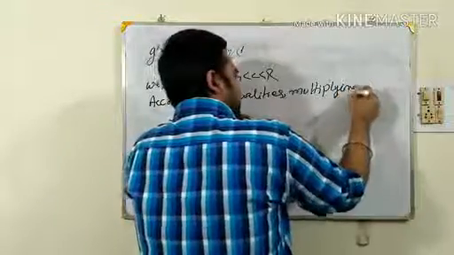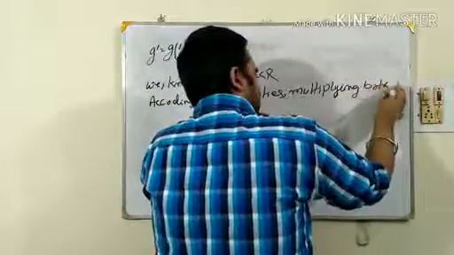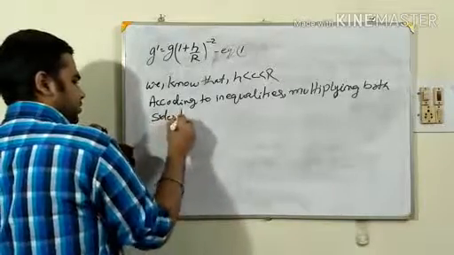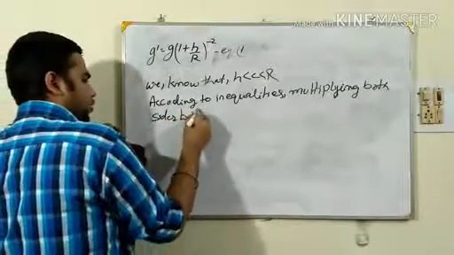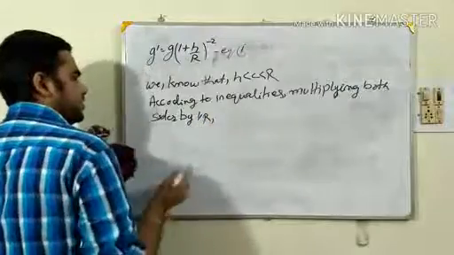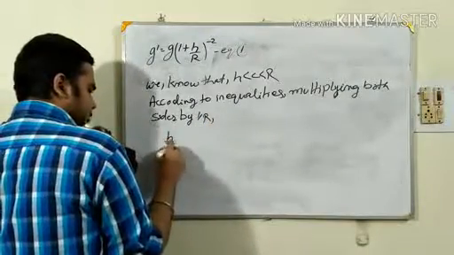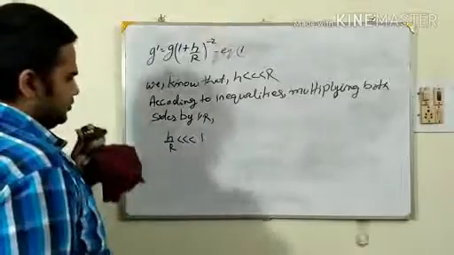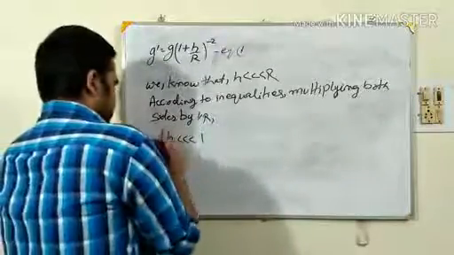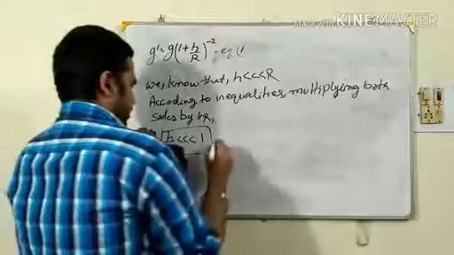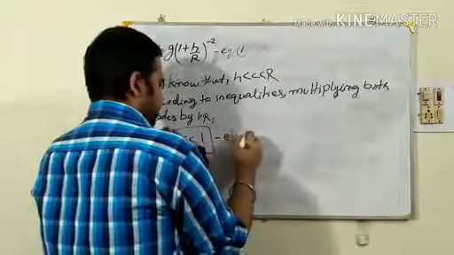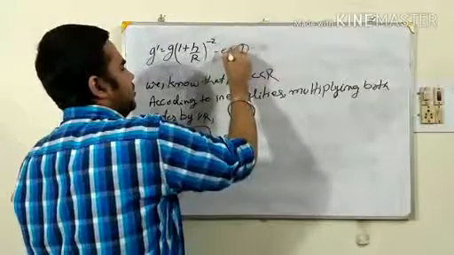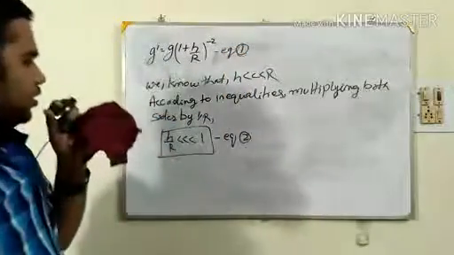Multiplying both sides by 1 upon R, h upon R is very less than 1. Let this be equation 2. This is equation 1 and this is equation 2.